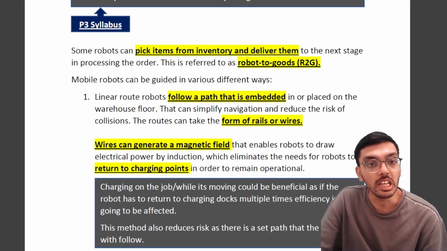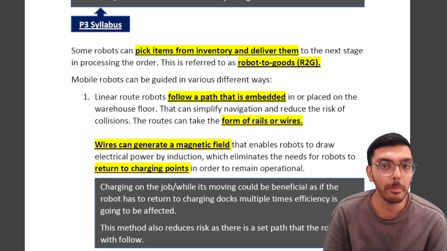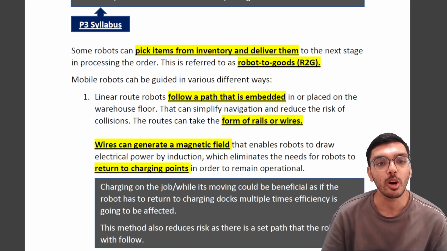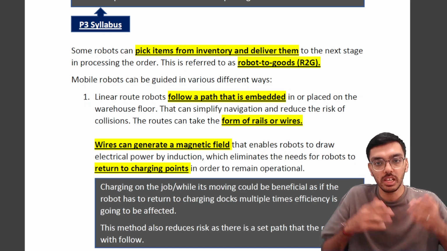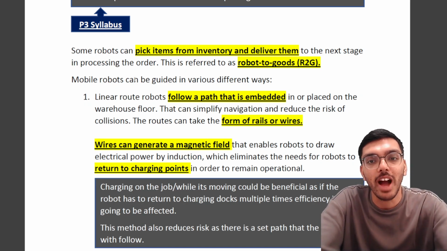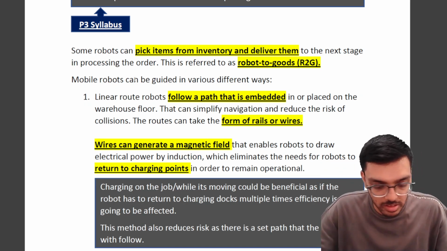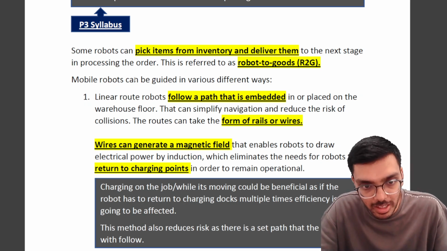First, linear route robots follow a path that is embedded in or placed on the warehouse floor, for example in the form of rails or wires. You decide their path. Their path is set. They will not stray from that path.